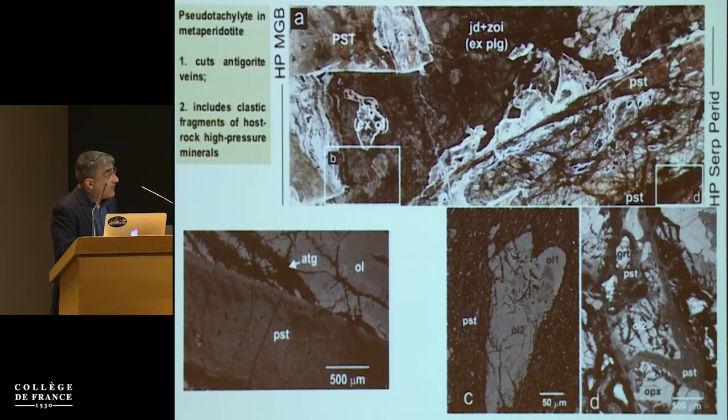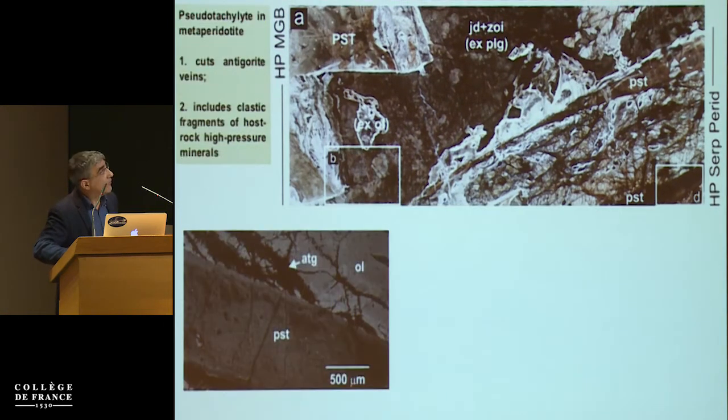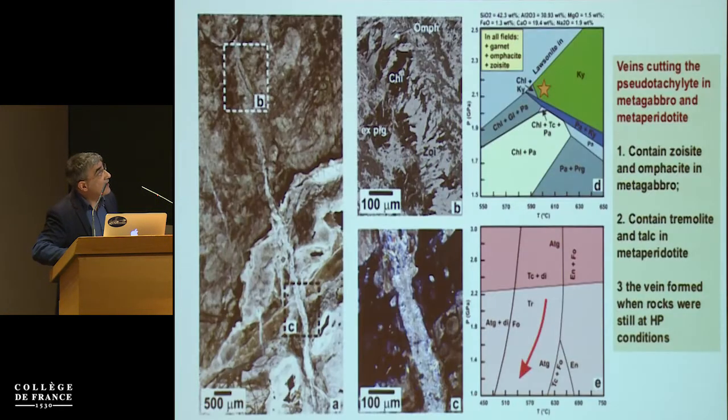And I don't know if you see it, but there's a vein that is cutting through the metagabbro into the metaperidotite, and it also cuts the pseudotachylite vein. I'll show you a close-up of this vein. You can see it here. When it is inside the metagabbro and the high-pressure recrystallized plagioclase, you can see the vein contains zoisite, omphacite, and a bit of chlorite, so a high-pressure vein assemblage.